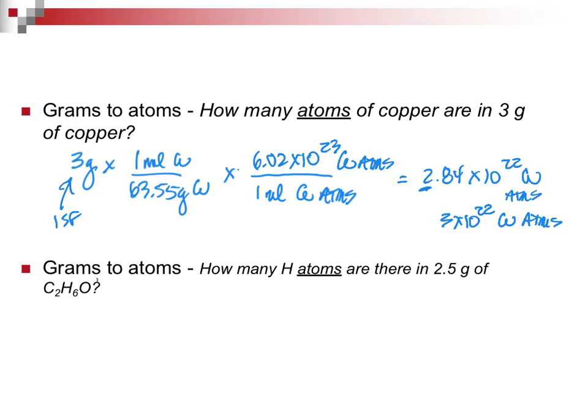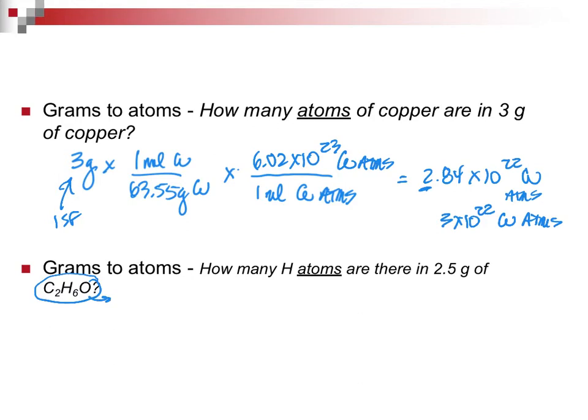What we want to do is move on to ethanol, C2H6O. You don't need to know what the structure is or even the material, because essentially you only have to have a molecular weight. So let's start by doing that.